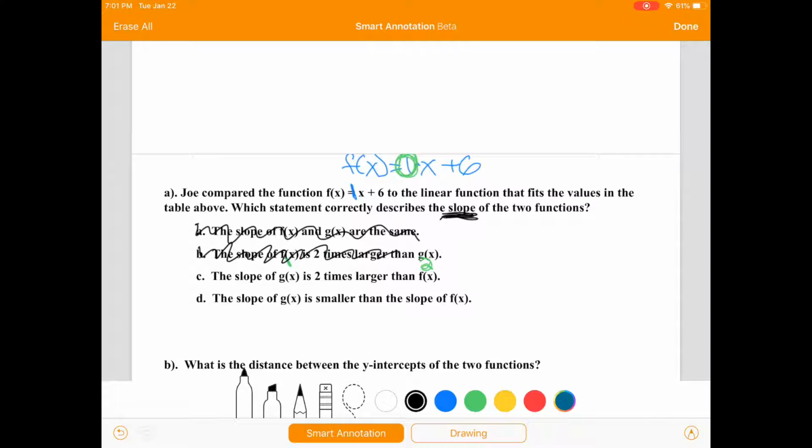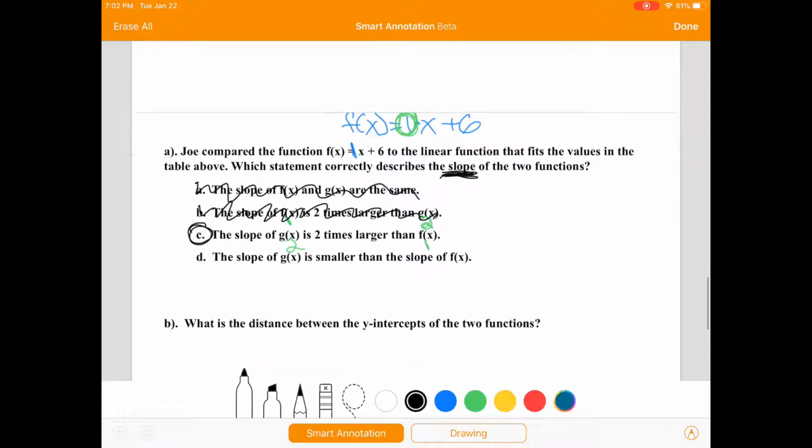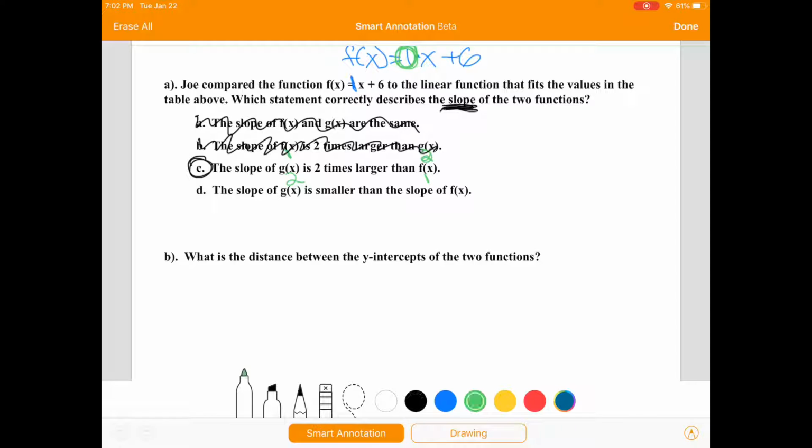No, incorrect. The slope of g of x, which is 2, is 2 times larger than f of x, which was 1. Correct. So C is our answer. If you want to keep going, the slope of g of x is smaller than the slope of f of x, which is 1. Well, 2 is bigger than 1, not smaller, so D can't be an answer either.